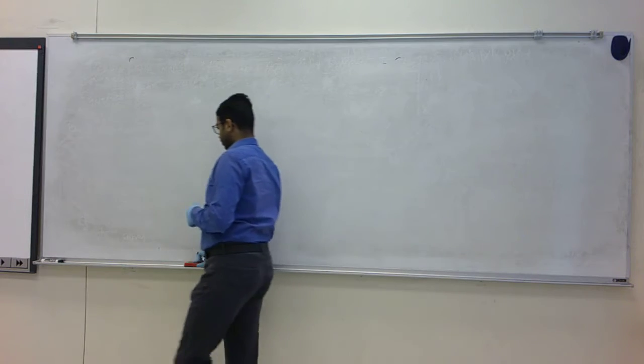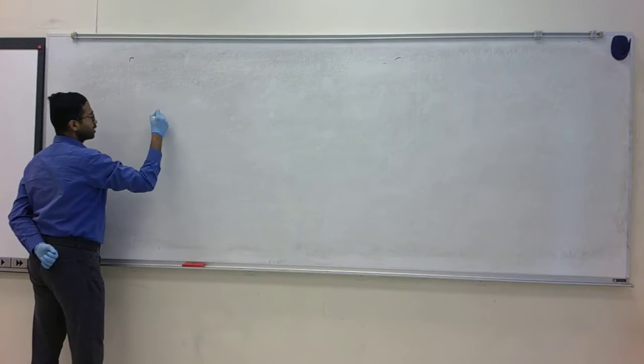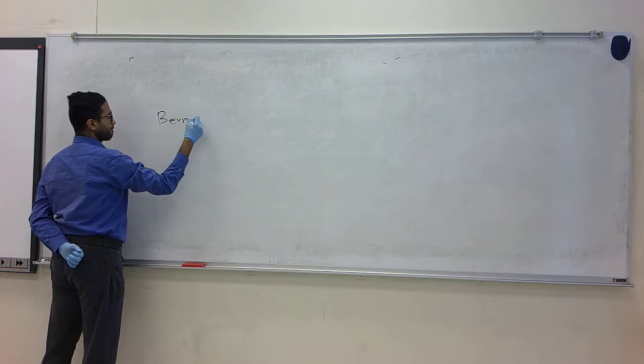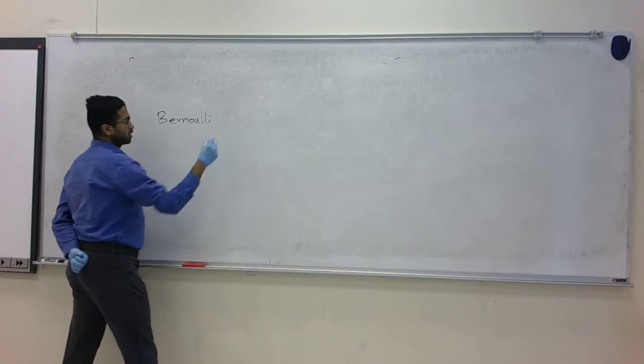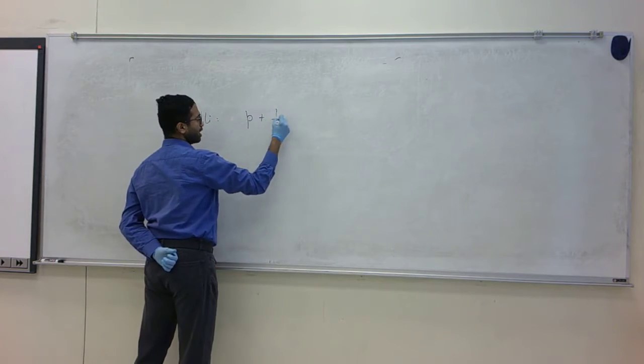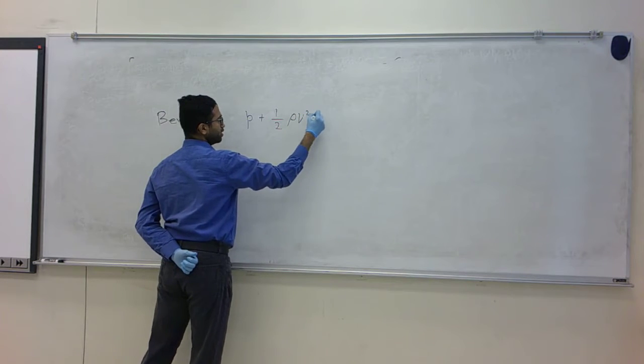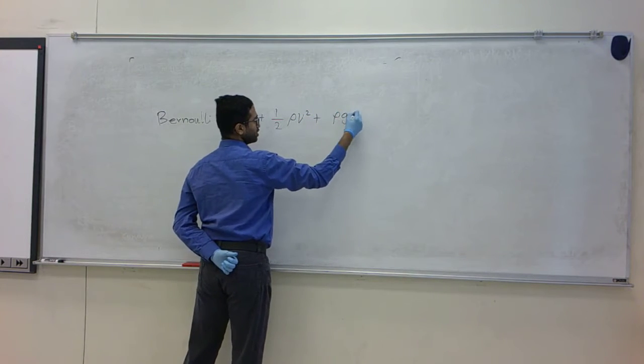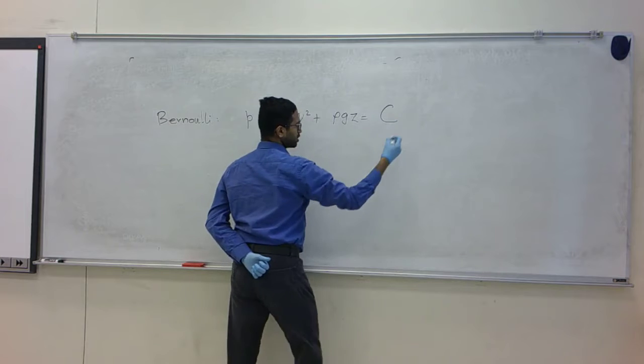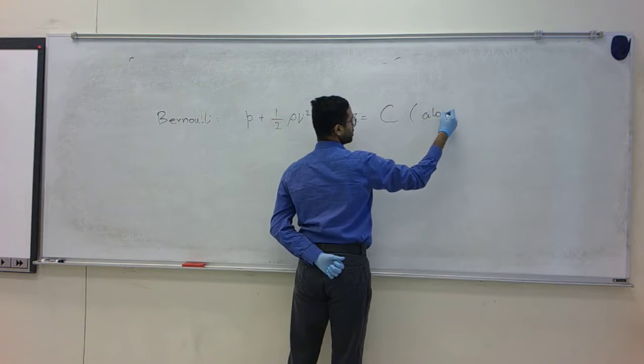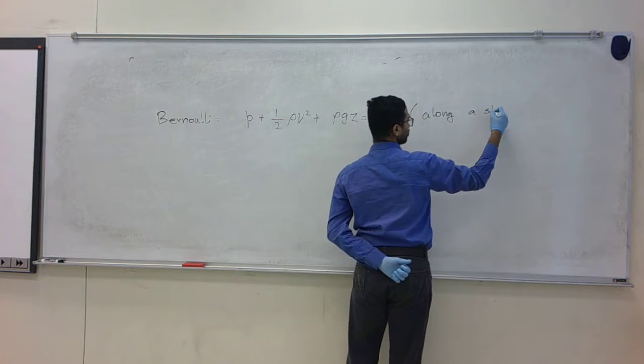So here we have the Bernoulli equation, which is P plus half rho V squared plus rho g z equals a constant along a streamline.